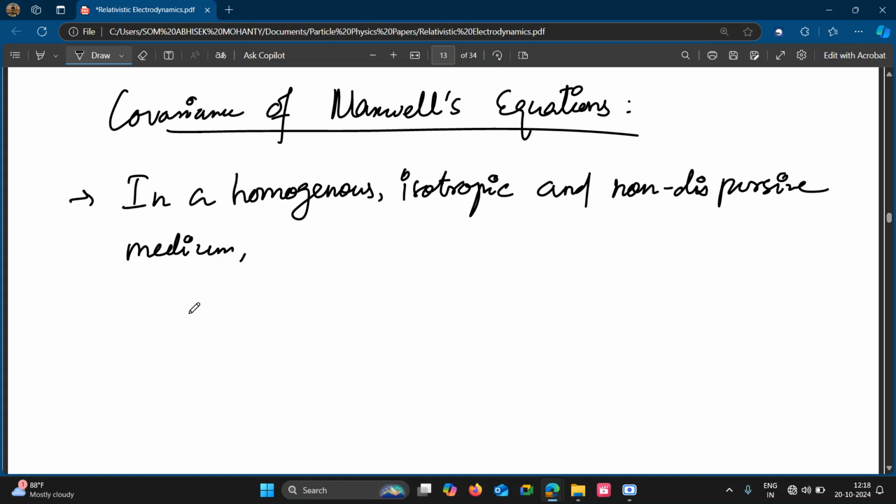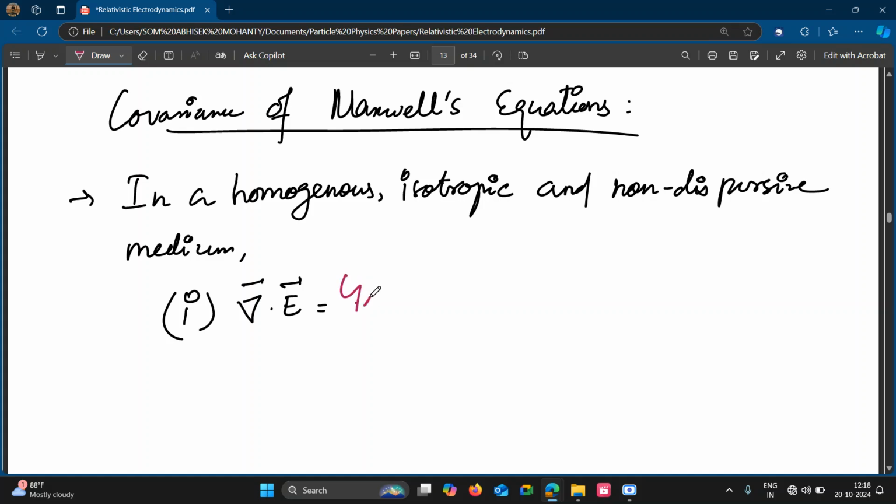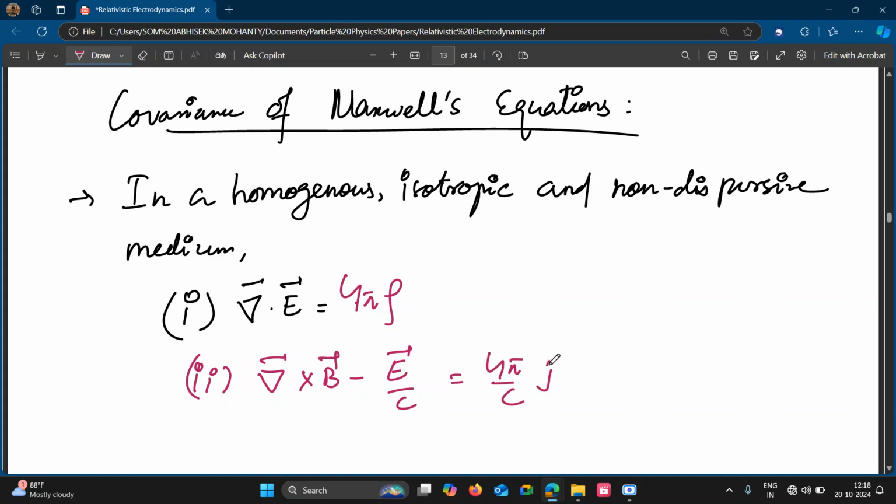What are the Maxwell equations? Del dot E is equal to 4 pi rho. Next is del cross B minus (1/c) dE/dt is equal to 4 pi by c times J vector.